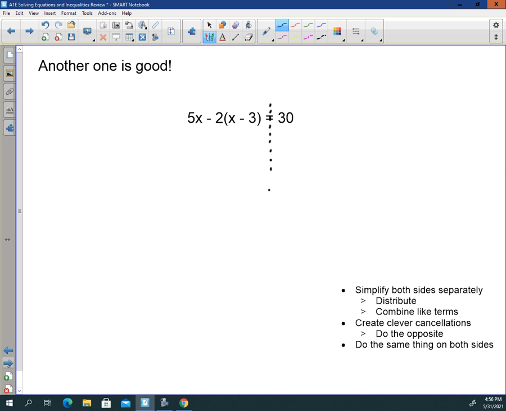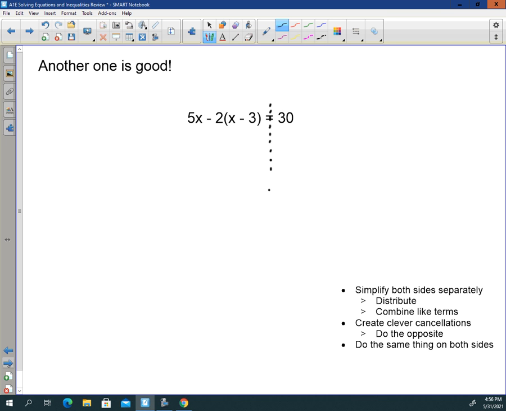So on the left side, we can't put the 5x and the 2x together yet because the first thing we have to do is get rid of the parentheses. So remember that when you do the distributive property to get rid of parentheses, you have to multiply by the number that's right next to those parentheses.